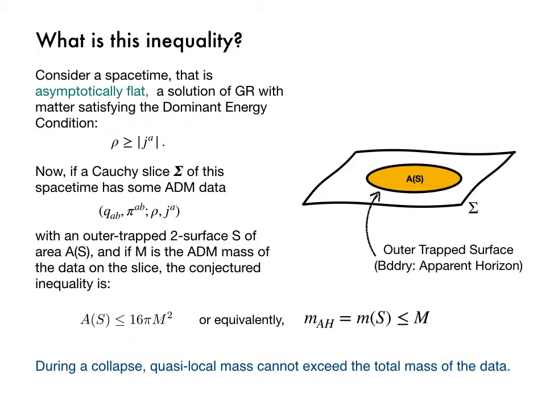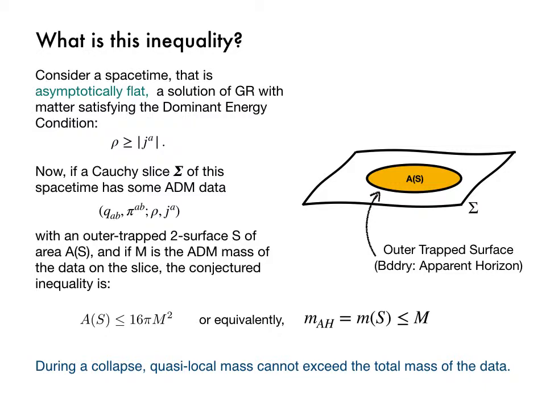Or if we use the mass area relationship, what this means is that the mass contained inside the apparent horizon, which is the boundary of this trapped surface, is less than or equal to capital M, the total mass.